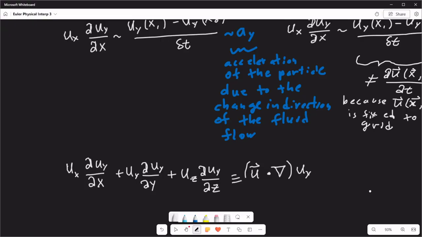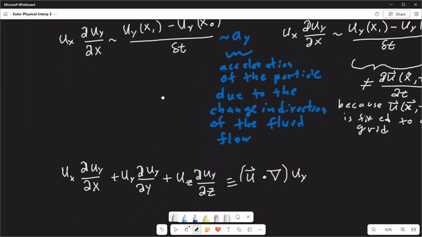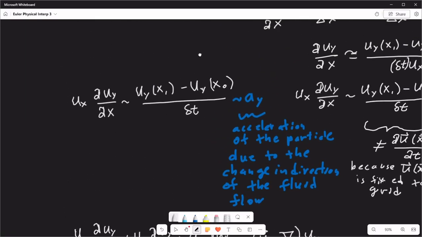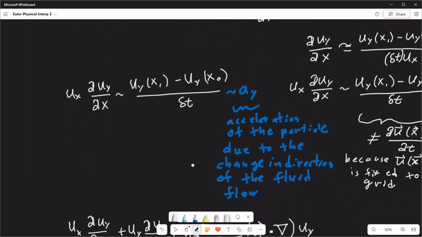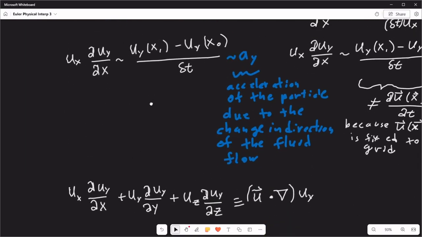And of course the Euler equation, the full equation, is just shorthand for this being done for all three components. So this shows what's actually generating that advection term. It's just due to these changing velocities.